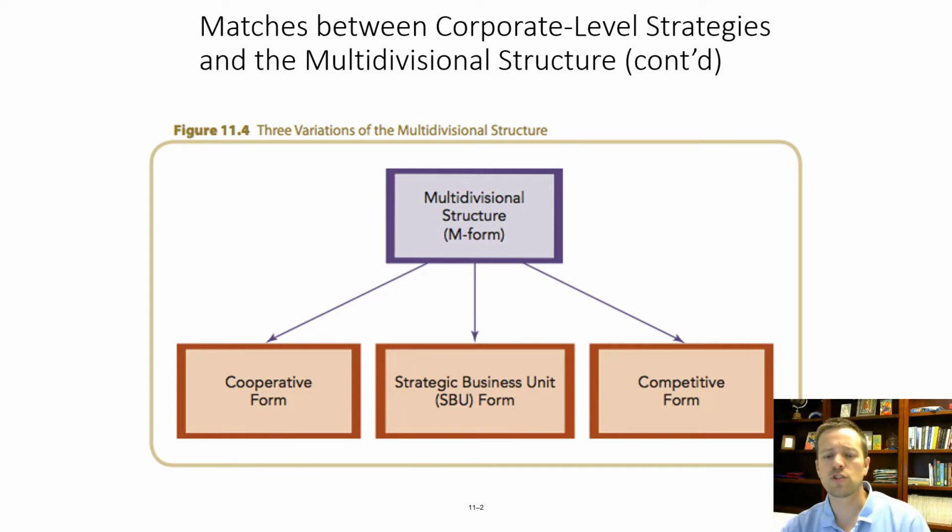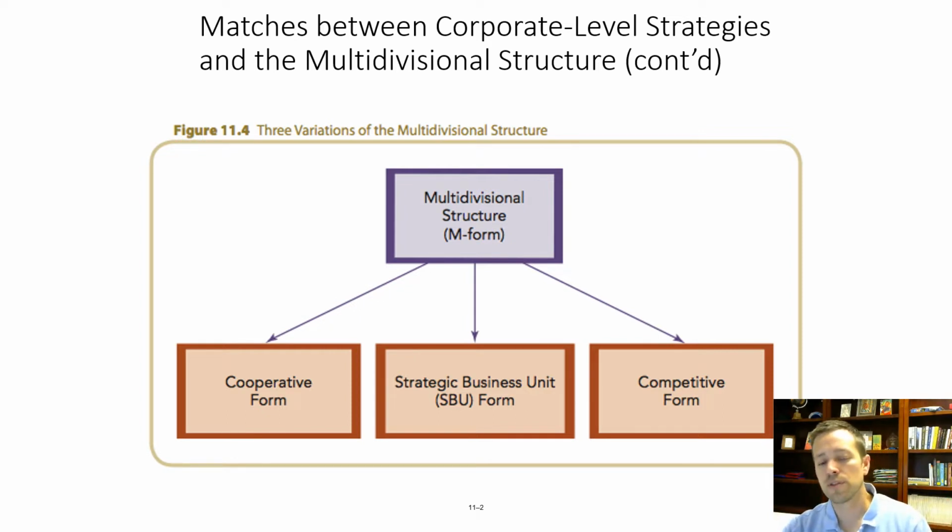There is the strategic business unit form. This a lot of times is a very large organization that has similar products in one area and another group of similar products in another industry. But amongst those different groups, there aren't many similarities.